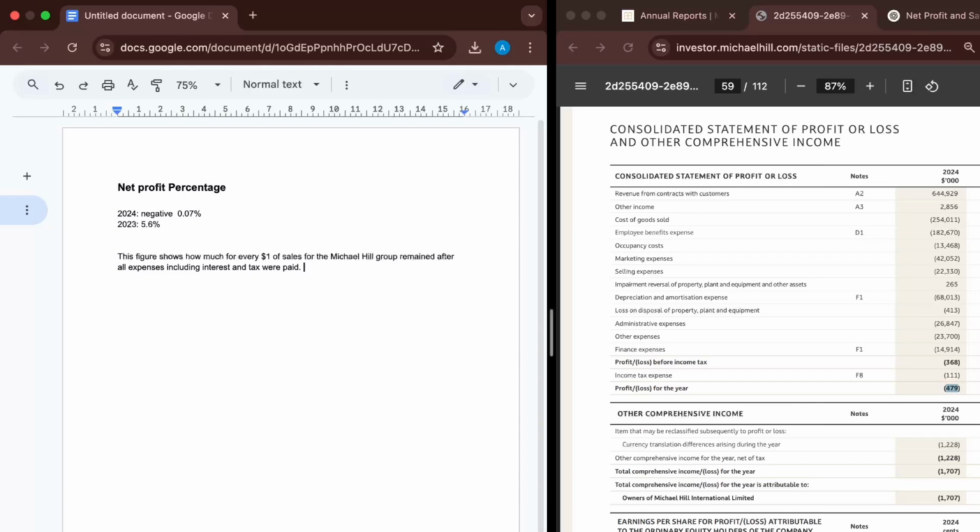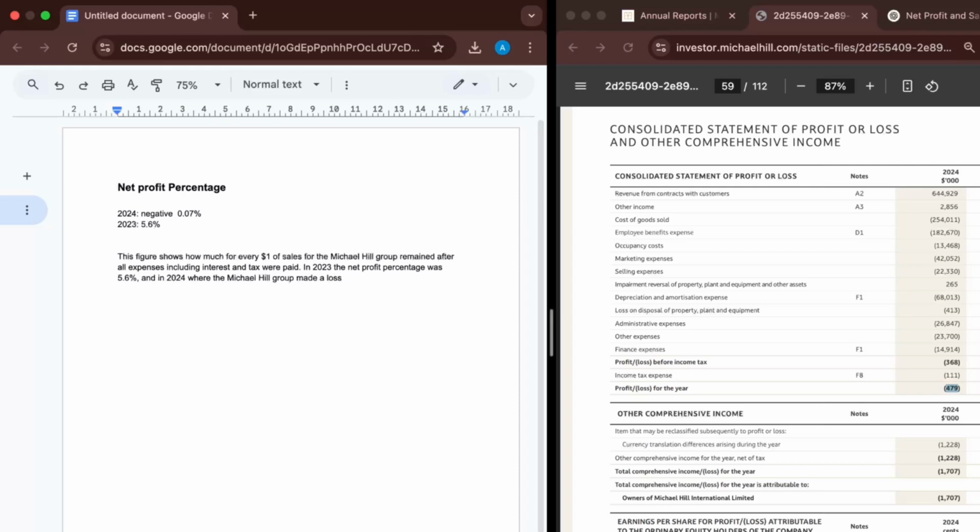So now what we're going to do, guys, you've put out that opening sentence explaining what it means. Now we're going to give you the two figures. So in 2023, the net profit percentage was 5.6%, and in 2024, where the Michael Hill Group made a loss, right?